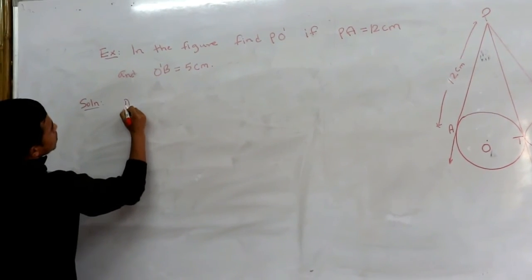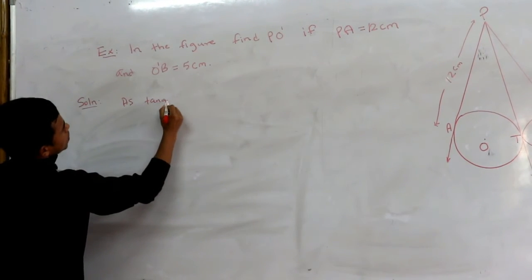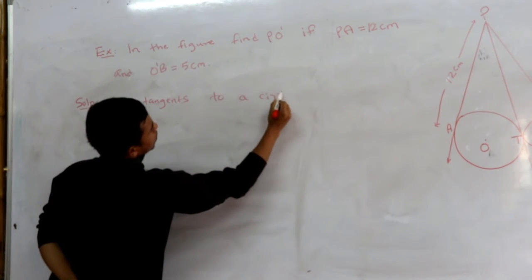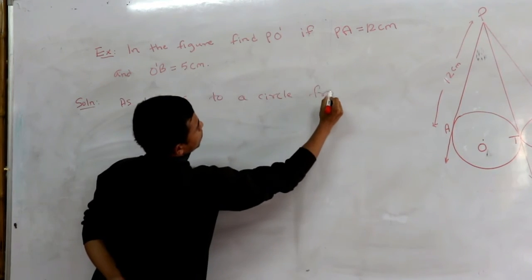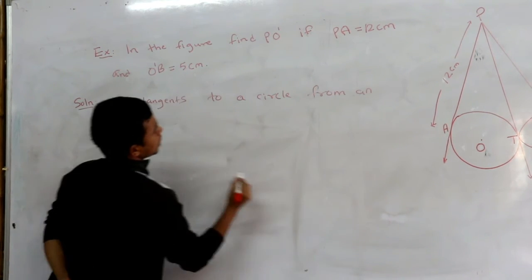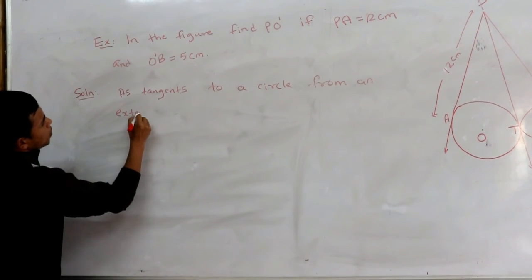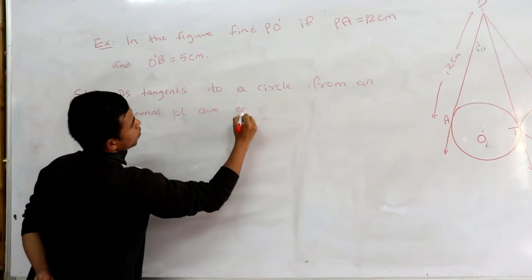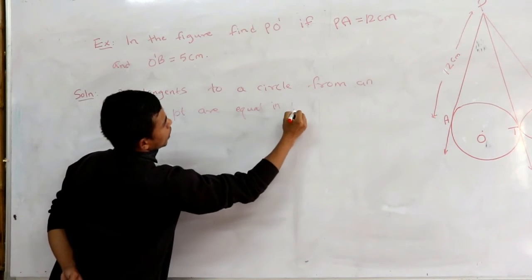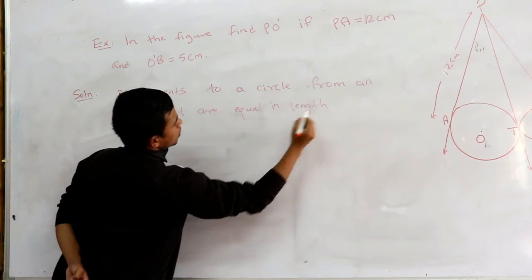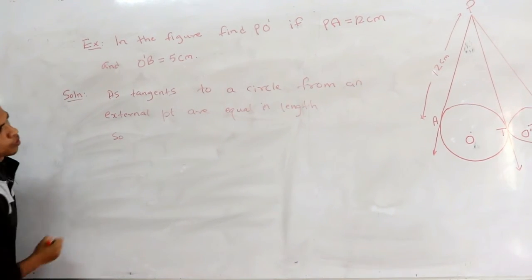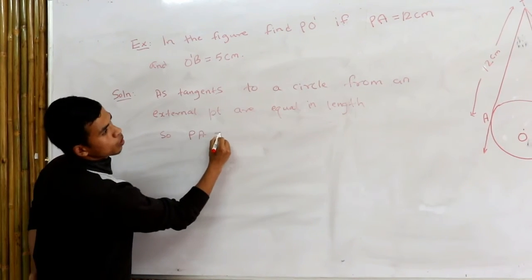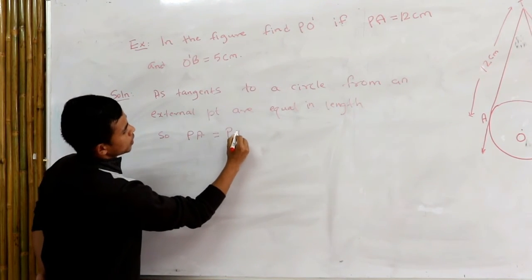So let us first write that down. Since tangents to a circle from an external point are equal in length, from the first circle we have PA will be equal to PT.